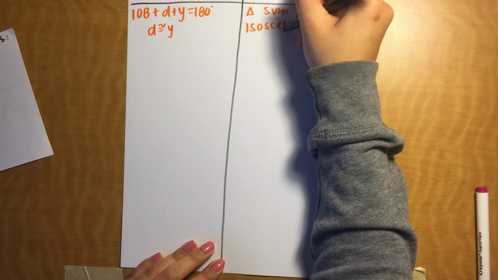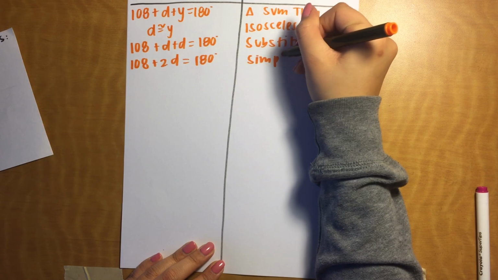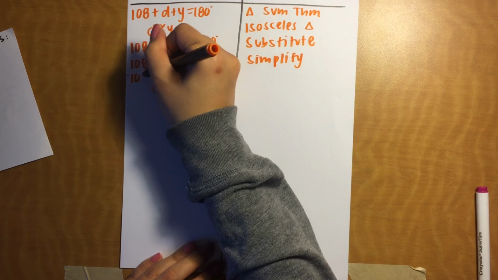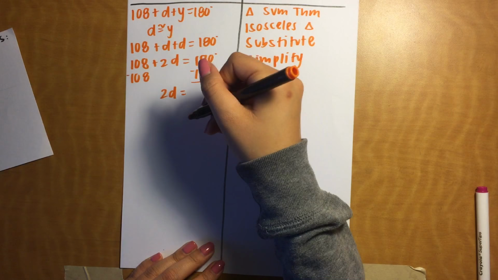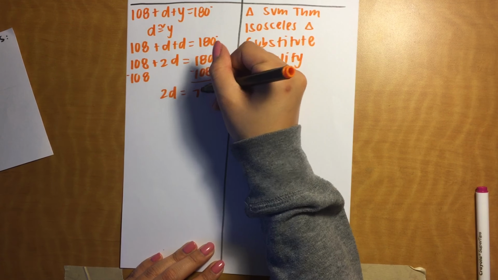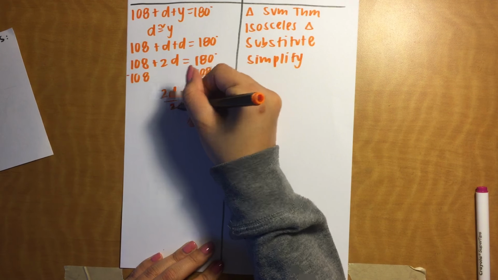And then we can just substitute D plus D. And then simplifying, 2D is 72 degrees after subtracting 108 from both sides. And then divide by 2. D is 36 degrees. So that's just simplifying throughout that.